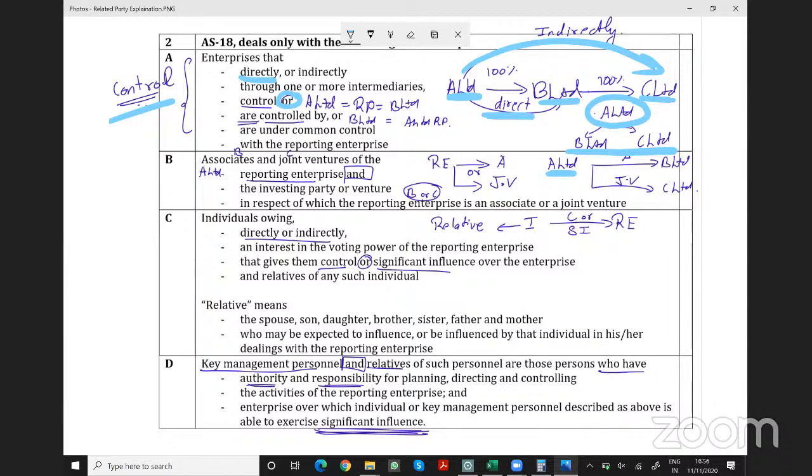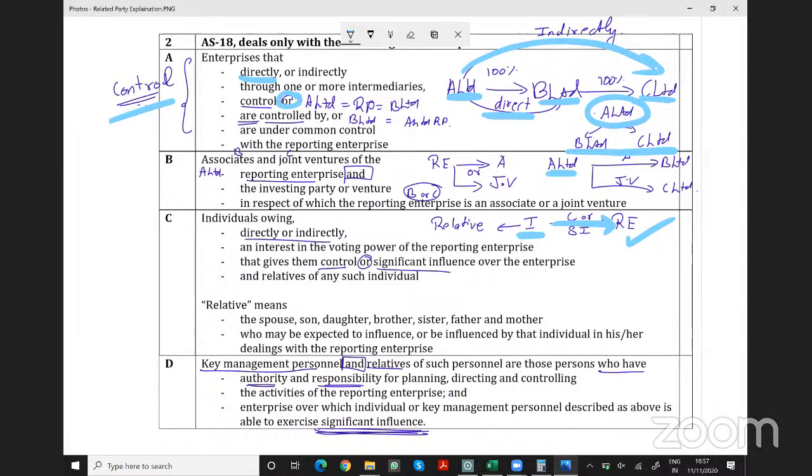And the third case is individual owning. If an individual has control or significant influence in the reporting enterprise, then that individual is termed as a related party. Plus, the relative of that individual will also be termed as a related party.